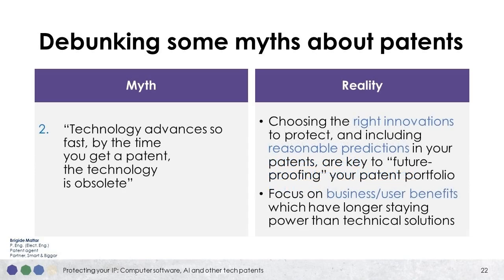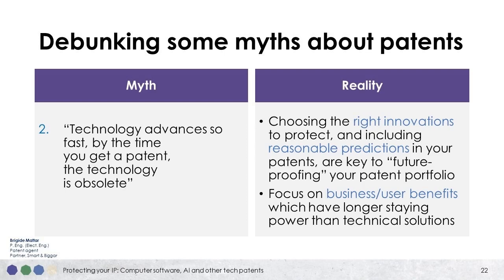Second myth, also very common in the area of software, is that the technology advances so fast that it's really useless to get a patent, because by the time you get it, the technology is obsolete. And that is also not completely correct. First off, the patent does not protect, for example, a software release. I realize that in some sectors our software release is every 6 months, but that's not what the patent protects.